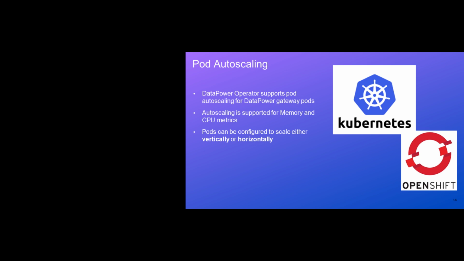Things like that, based on memory and CPU metrics. So it'll monitor memory and the CPU levels, and automatically raise or lower the DataPower deployment capacity as needed.